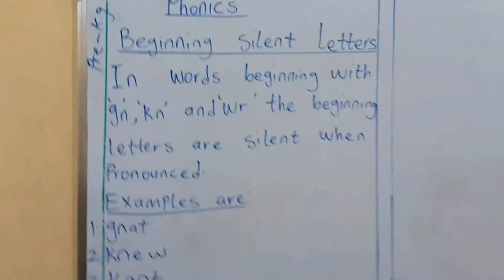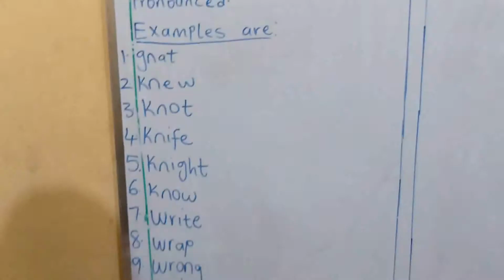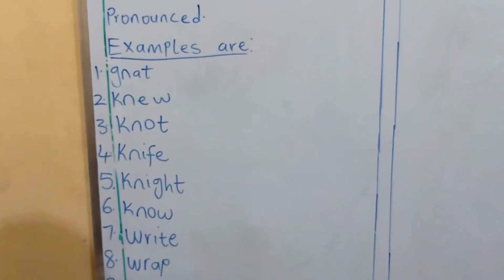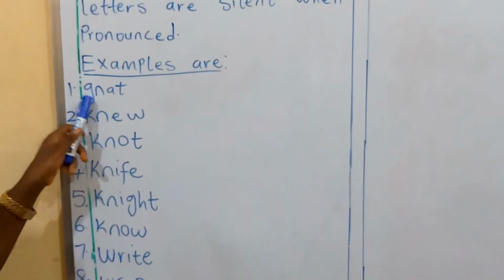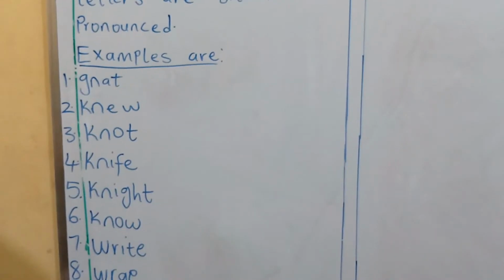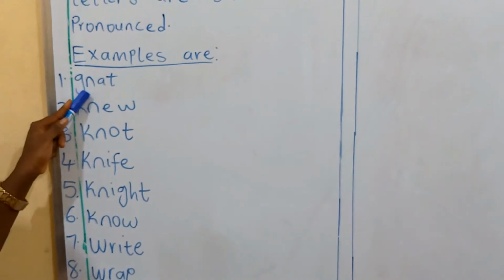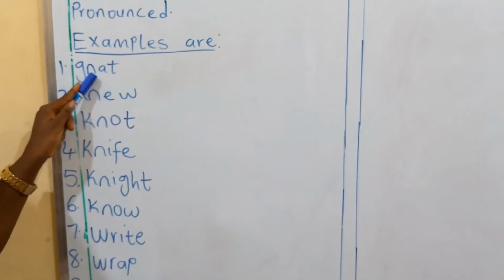Okay, now let's see some examples. Number one. Look at this word closely. These are words that begin with silent letters. The first letter in this word is G. So when you are pronouncing this word, you will not sound this G. Rather, you will start from the second sound.